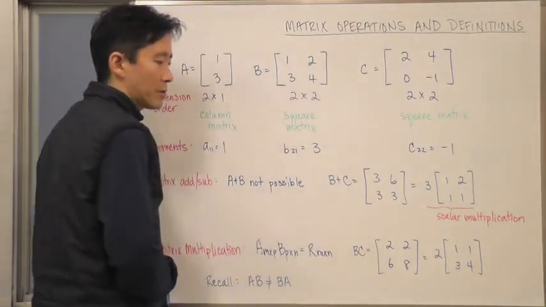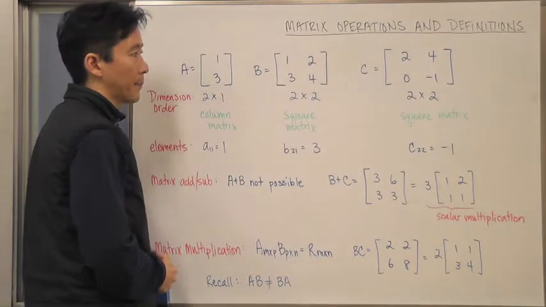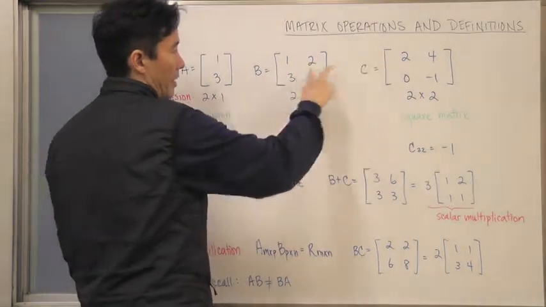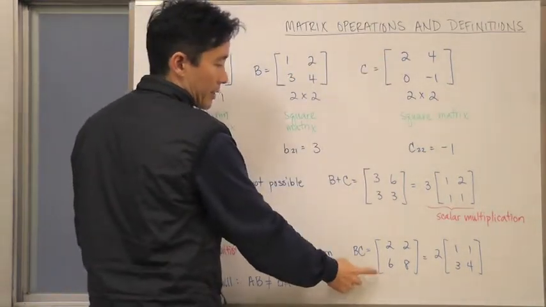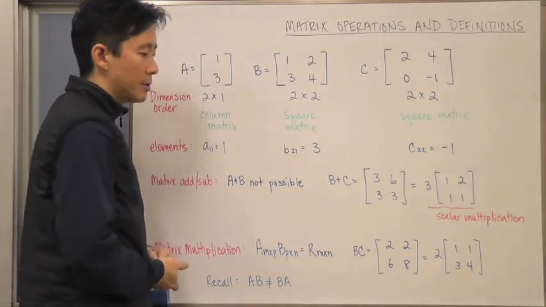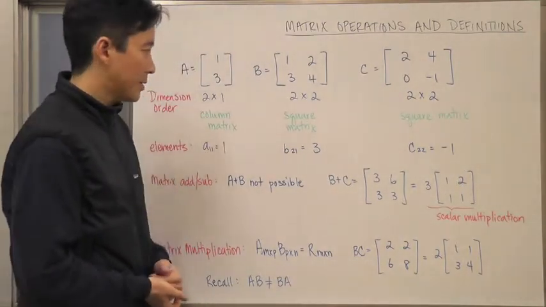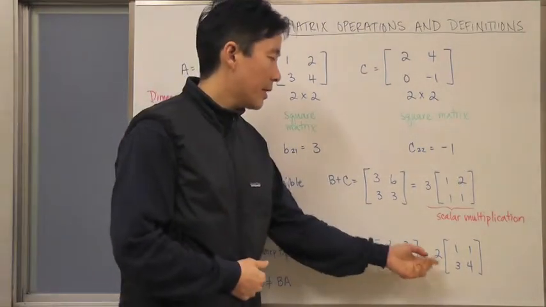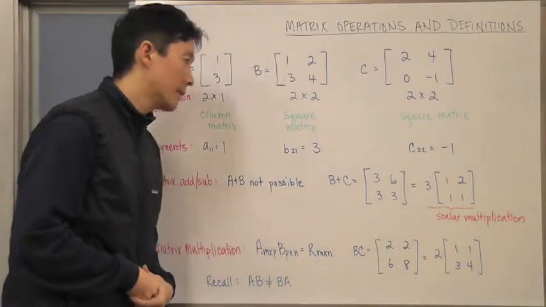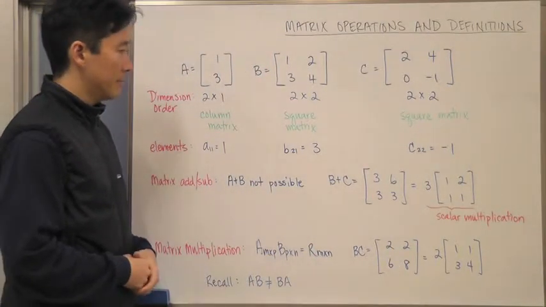That's going to be your first row, first column element. You do the same thing for the others and you come up with what BC is, which would be 2, 2, 6, 8. And again, we can use scalar multiplication properties to factor out the 2. Okay, so there you go.